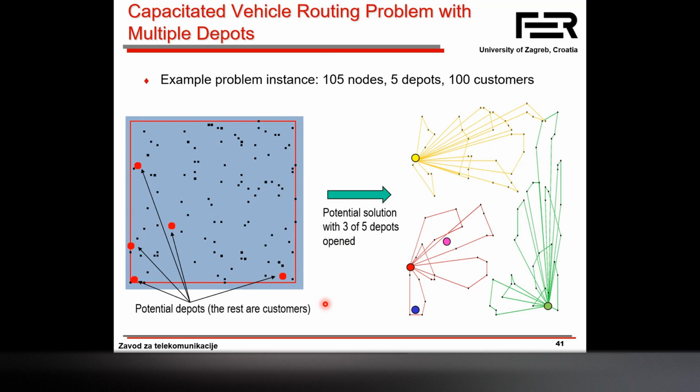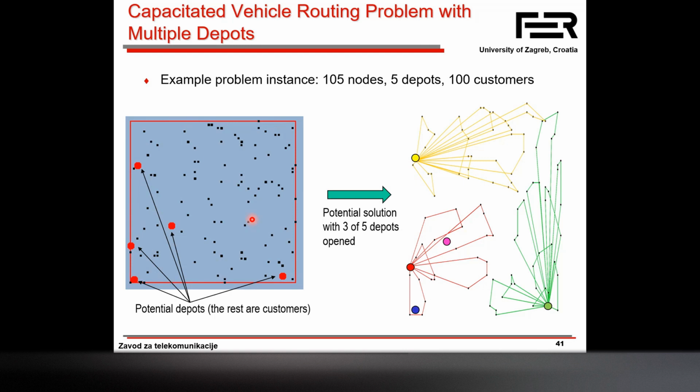To illustrate this, just to make it a bit more clear, concretely, we had one problem instance that had 105 nodes, and they're shown here in two-dimensional space. Out of these 105 nodes, 5 nodes were labeled as depots. These are the red nodes, and all the rest are customers. The distances are Euclidean distances in this two-dimensional space, which can easily be calculated.